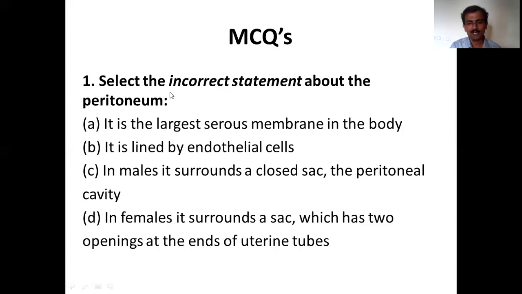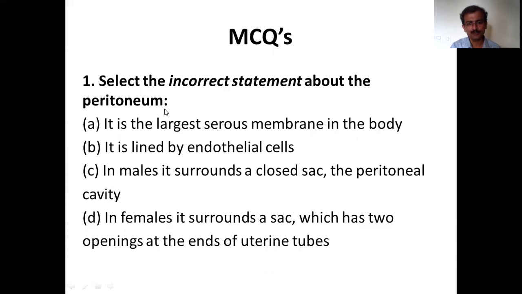Each question is 1 mark, so you can score yourselves out of 5, and you send me the answers and the marks. It is an assignment, so please be honest with yourselves. Don't just share the answers with your friends. These are simple questions, so there should not be any problem.